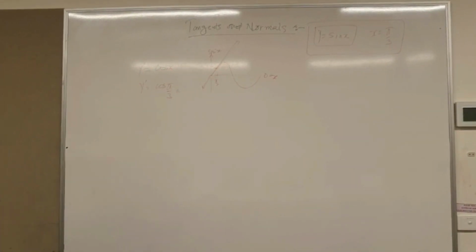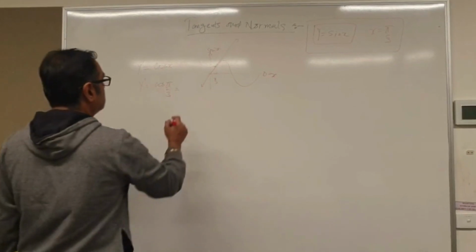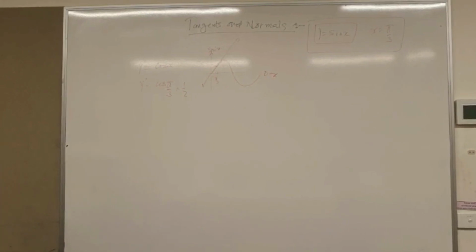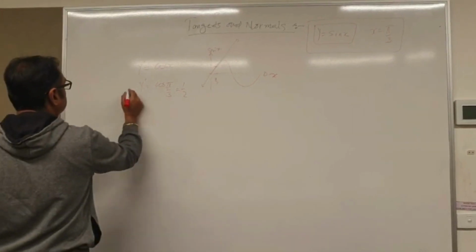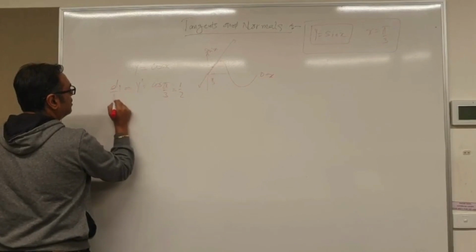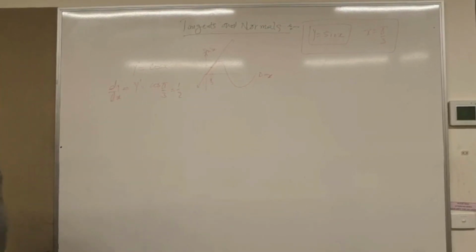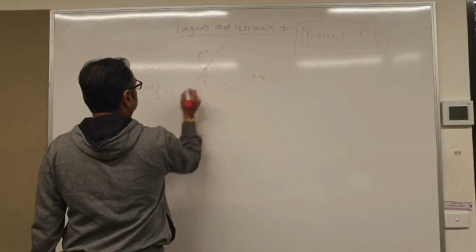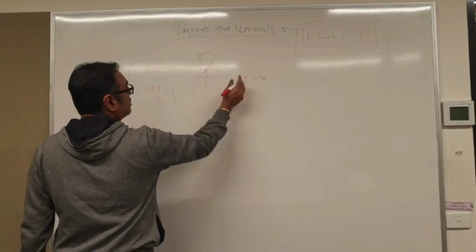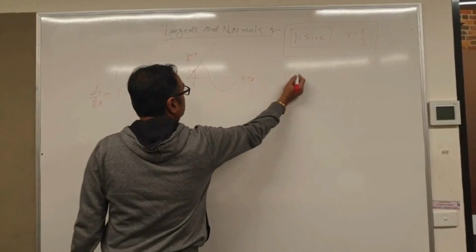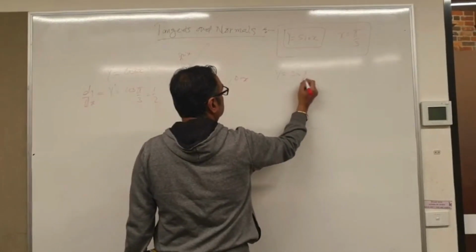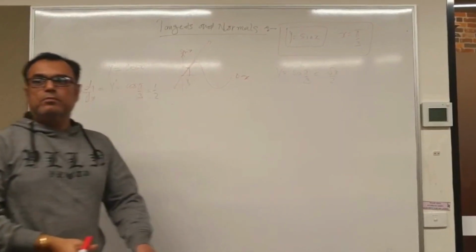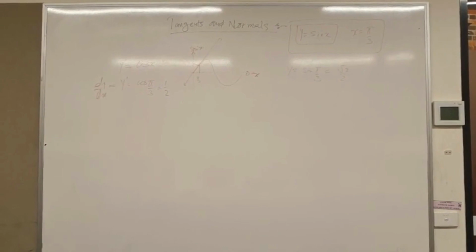If you look into your CAS, it is a half. So my y dash, or my dy by dx, or my slope is a half. The rest is easy now. Let's find the y value here. If you find the function y equals sine pi by 3, what do you get? Root 3 over 2.